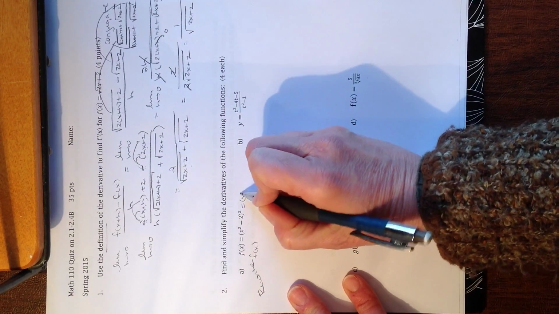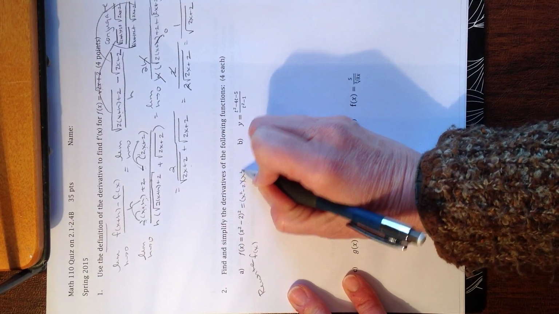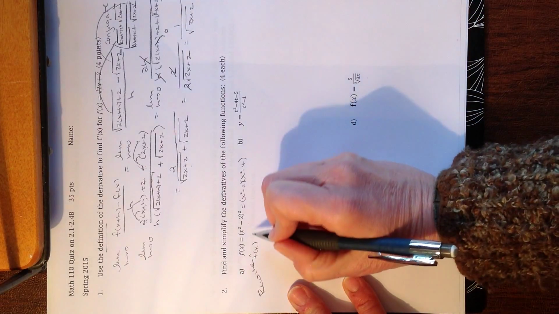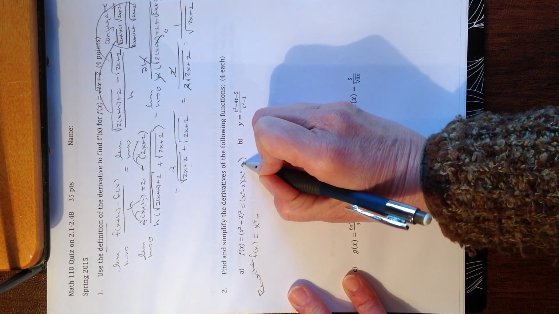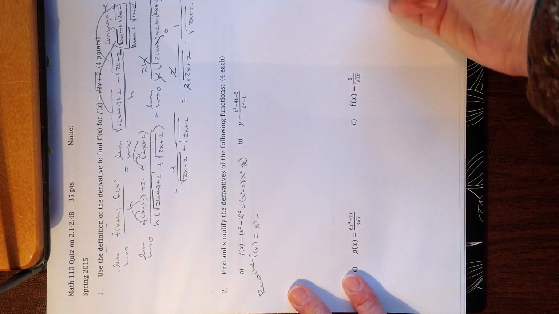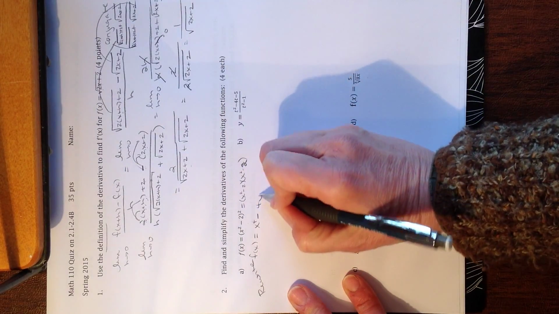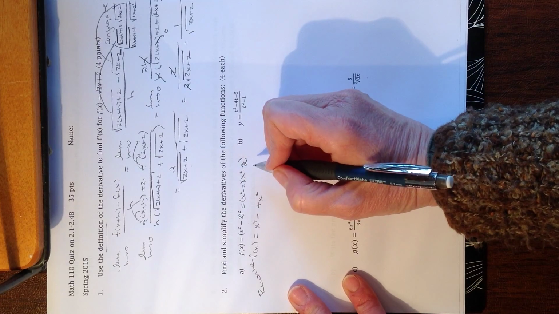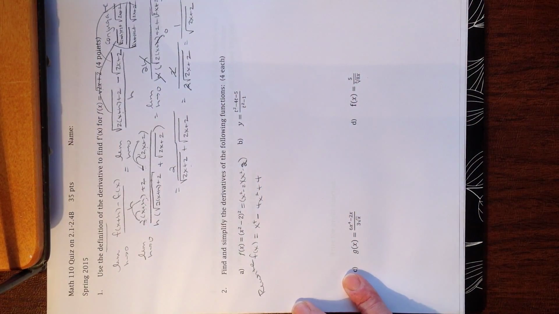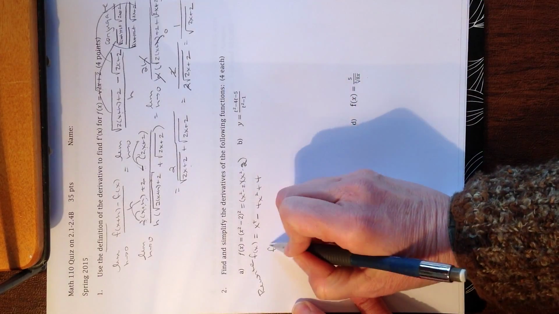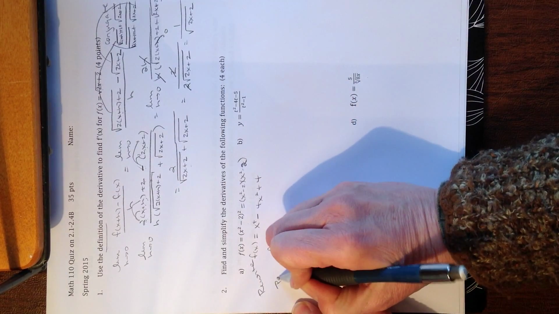By FOILing it, so I'm multiplying it by itself, I'm going to end up with x to the 4th minus, by itself would be x squared minus 2, 4x squared when I do my outer and my inner and add them, plus 4. And now that it's all FOILed out, I can take the derivative with the power rule.